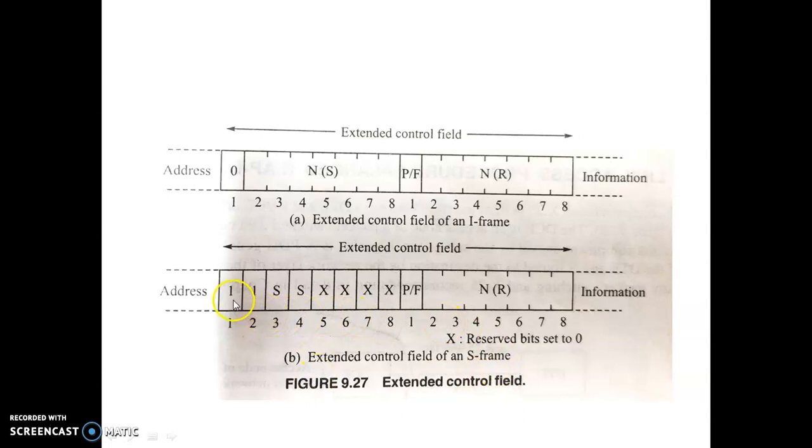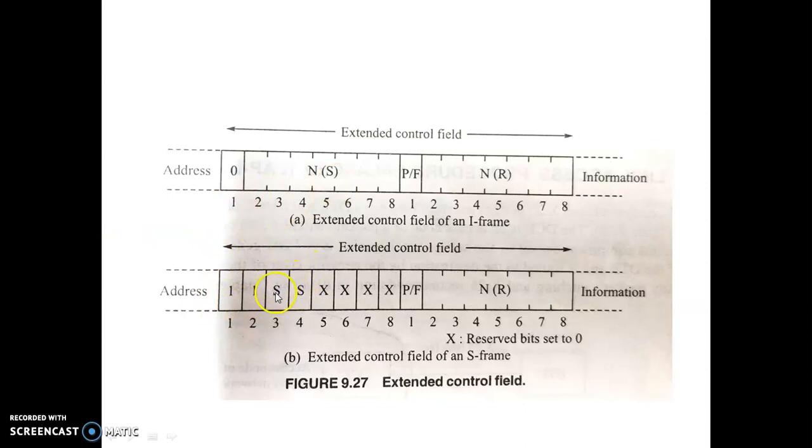Okay, again, how do you know it is S frame? Because it is starting with 1 and 0. So we know that it is an S frame. The S bits will indicate what kind of acknowledgement it is, whether it is receive ready, receive not ready, reject, or selective reject, and all will be indicated using this. This remains the same as what we have studied in the previous slides.